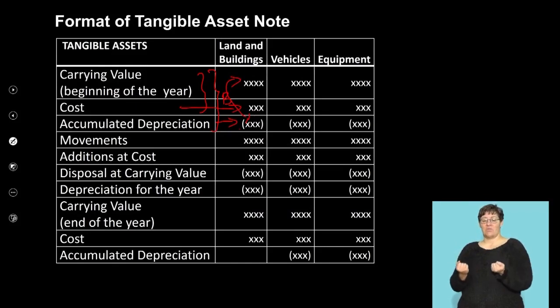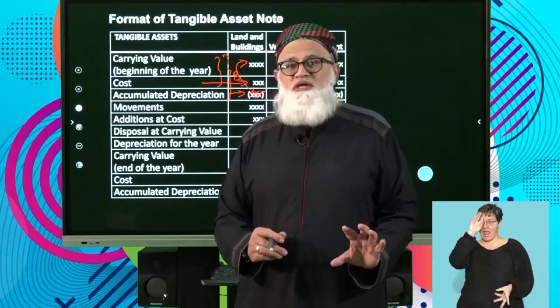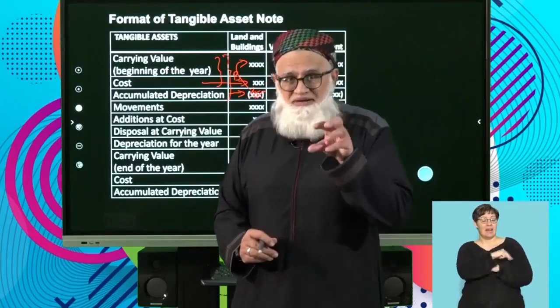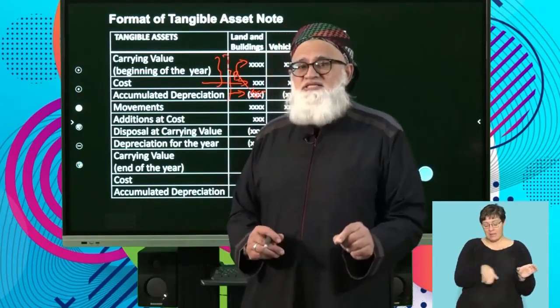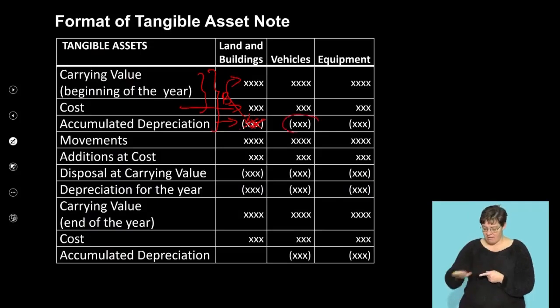This would apply to all your vehicles and equipment, remembering that land and buildings do not depreciate, therefore there's no accumulated depreciation for land and buildings, but obviously accumulated depreciation is applicable to my vehicles and my equipment.